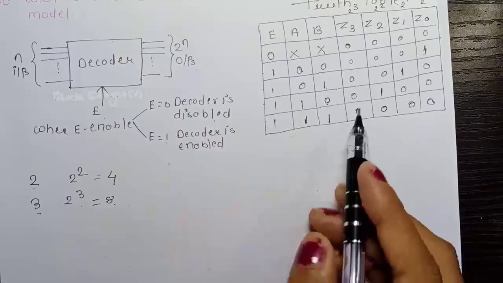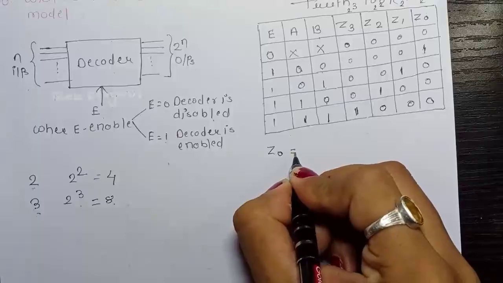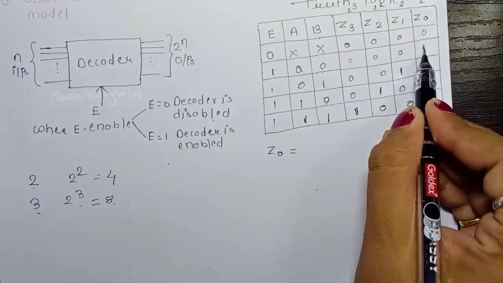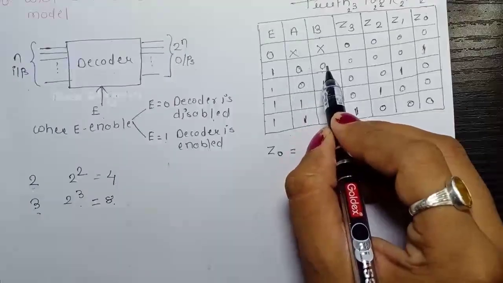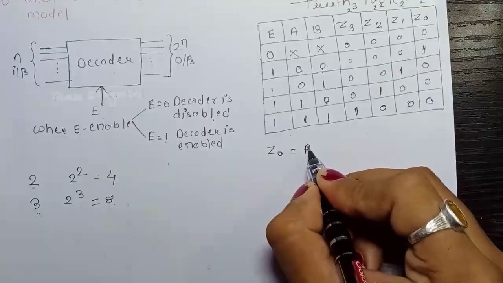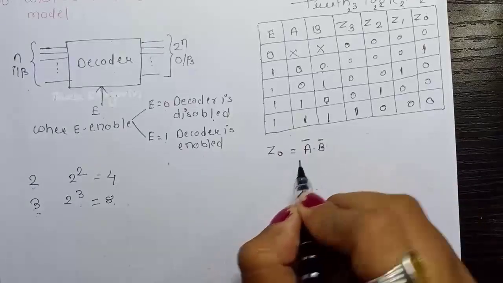Now the Boolean expression for this truth table. Z0 is 1 when both the inputs, that is A and B, are 0, that means A bar into B bar.